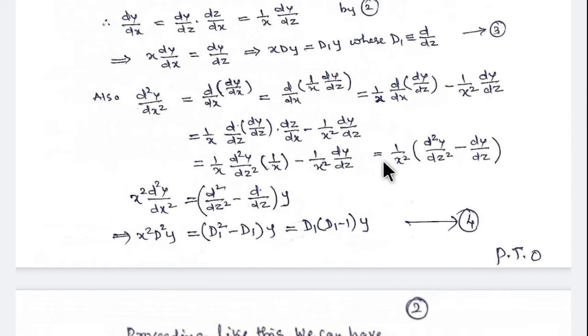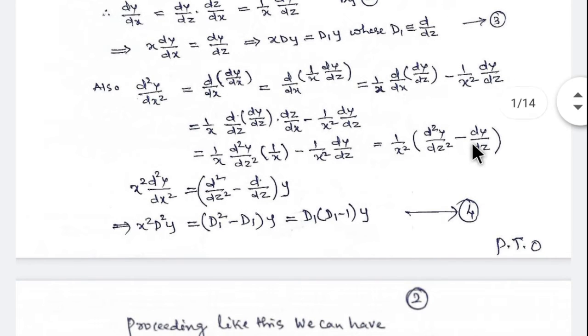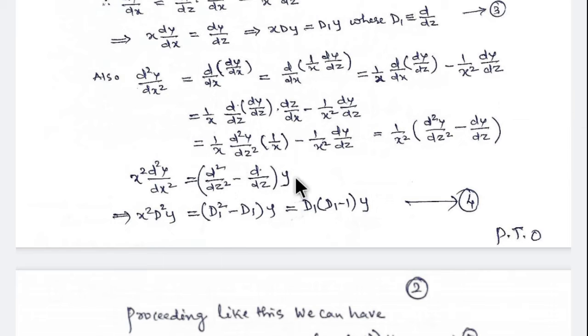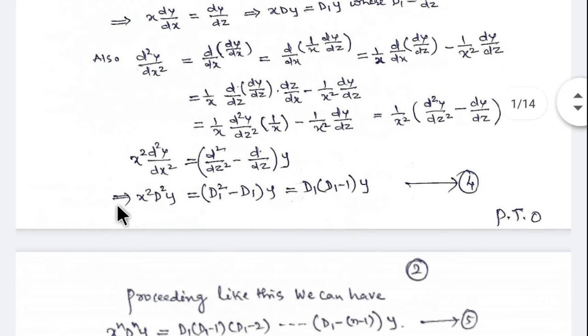Simplifying, 1 by x into 1 by x is 1 by x square, and taking 1 by x square common outside, we get 1 by x square into the bracket d2y by dz2 minus dy by dz. Cross multiplying x square to the left side, x square into d2y by dx2 equals the operator d2 by dz2 minus d by dz acting on y.